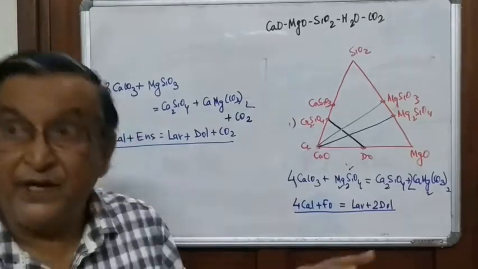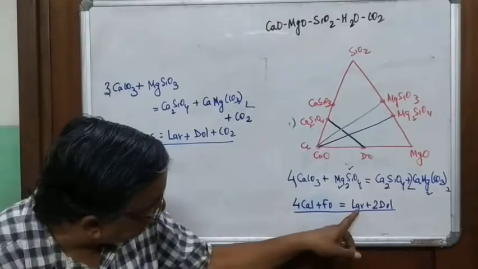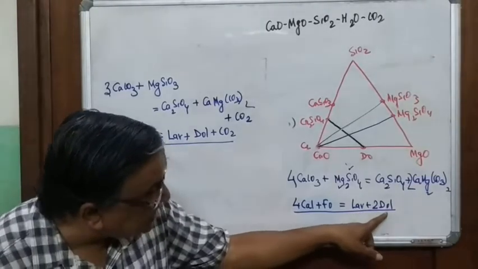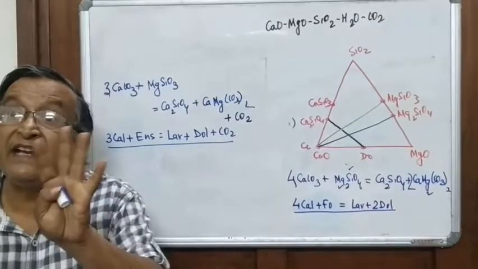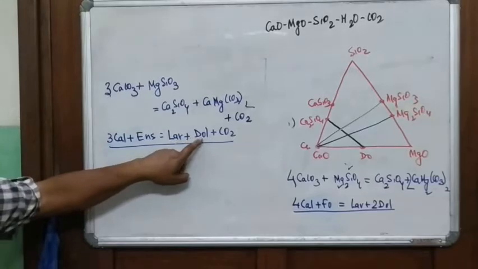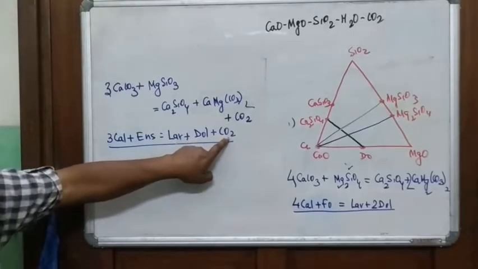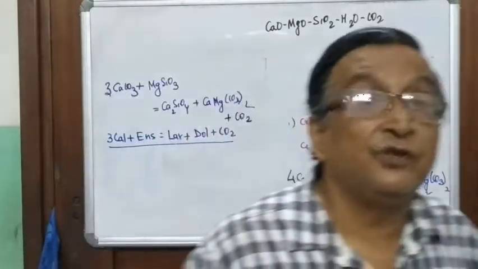There is no fluid involved in it. So in this case, stabilization of lornite and dolomite is not controlled by the fluid activity. But here, the stabilization of lornite and dolomite is associated with carbon dioxide. So it depends on the fluid composition.